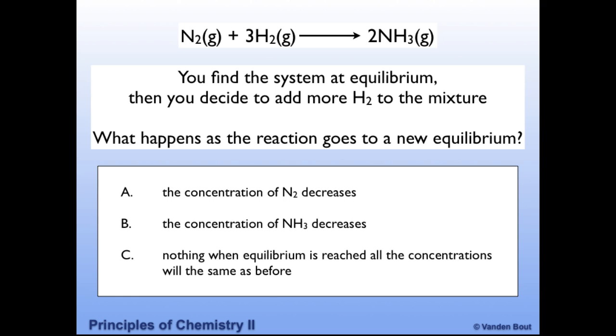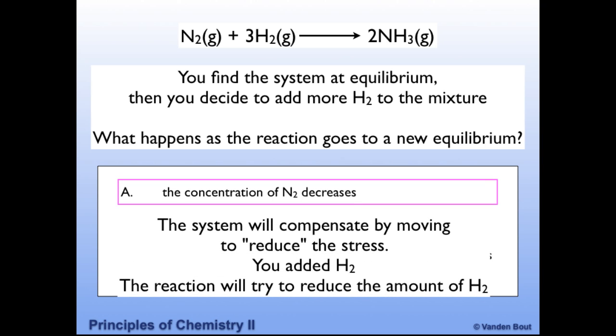That is, will it shift in such a way that the reaction moves to the right or to the left? Will this lead to a concentration decrease of nitrogen, a concentration decrease of ammonia, or when equilibrium is reached, will all the concentrations be identical to what they were before? So think about this for a moment, pause the video, see if you can answer it, then the answer will magically appear.